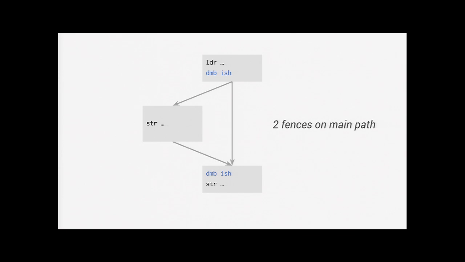What gets more tricky is what happens if you have control flow. So for example, here, you cannot eliminate any of the two fences, or you are breaking the synchronization with the other store. But you could move them in that way or in that way. And then you still have all the same synchronization that you had before, but you only have one fence on the main path.